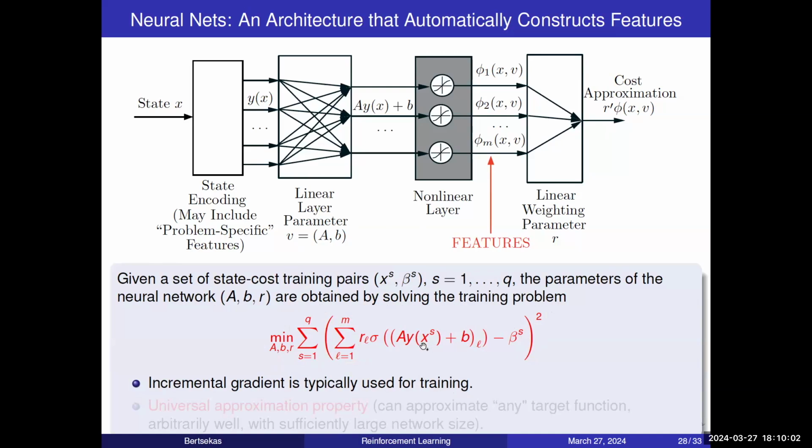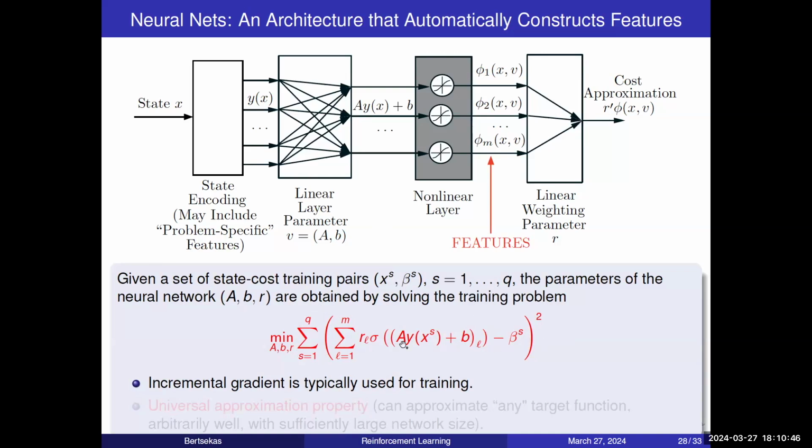Again, recall that starting from x, we go through the state encoding process to have y of x, and then go through this linear layer, A times y of x plus b, and then each component goes through this nonlinearity layer, and then they are combined linearly by this vector r to have a single number that approximates the cost function value evaluated at this state x_s. And we take the square of this term and try to minimize the sum of all the terms.